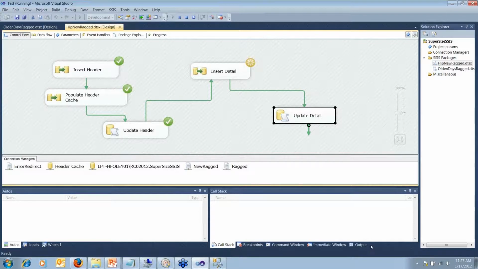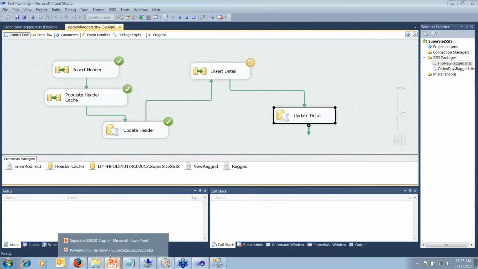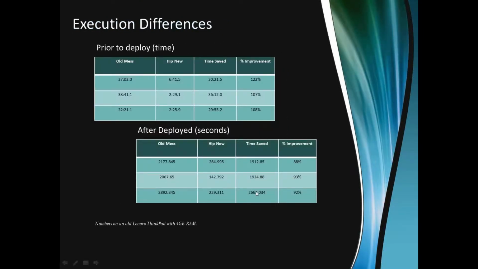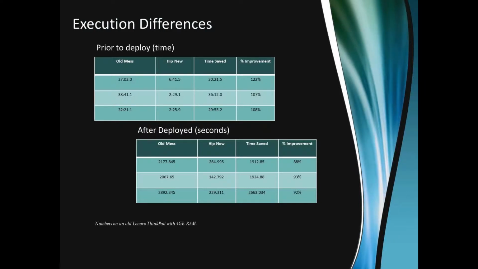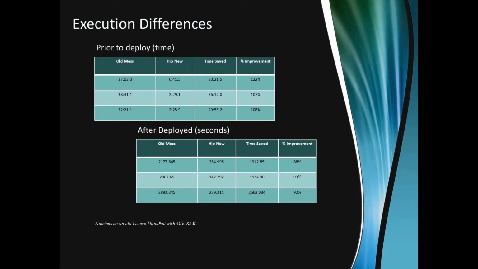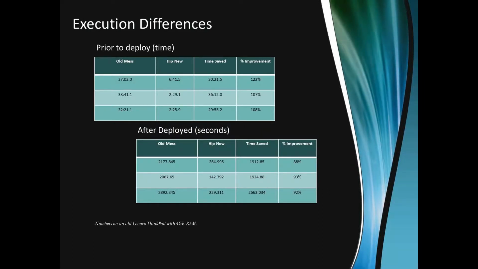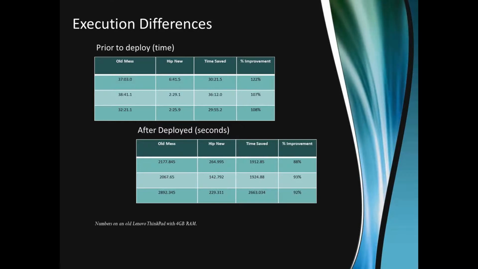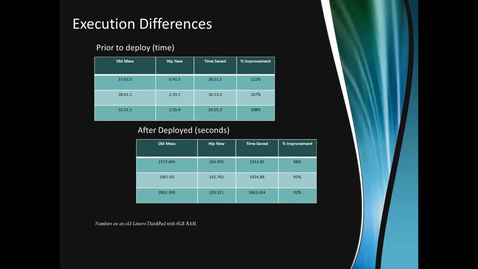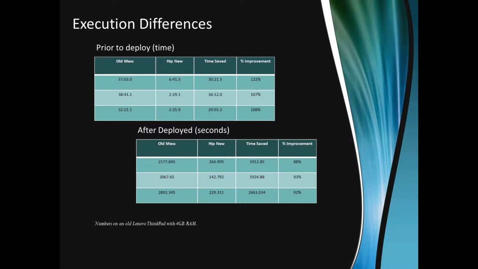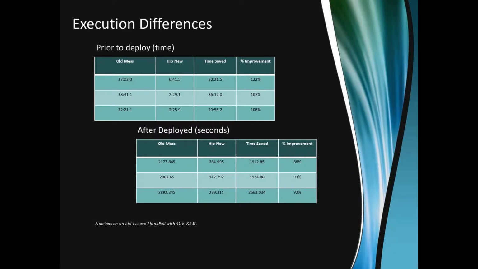So you can see this is running. While this is running, I'm going to jump back into my slides. Here are some of the execution differences, just so you can see the impact of the improvement of the old mess and the hip new package, the amount of time saved, and you can see here that it's a significant improvement in the run times.